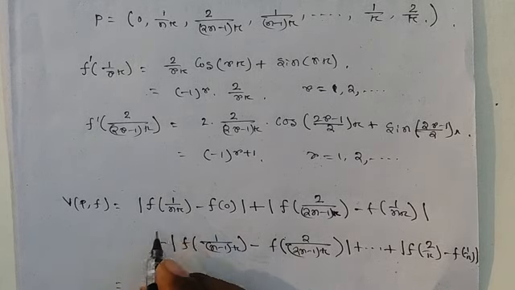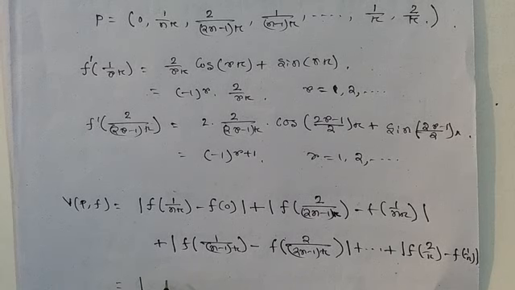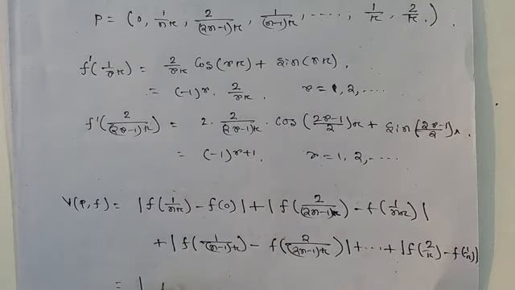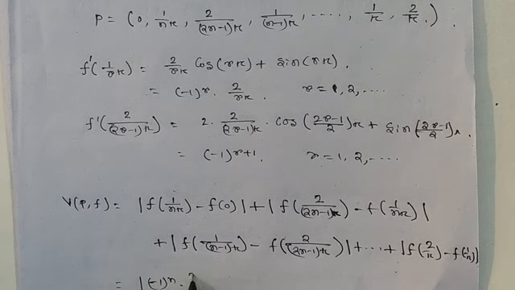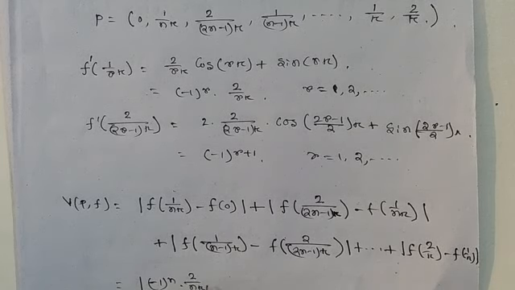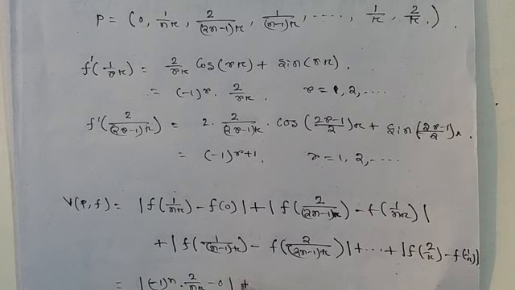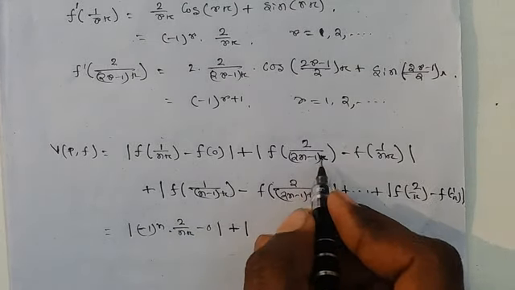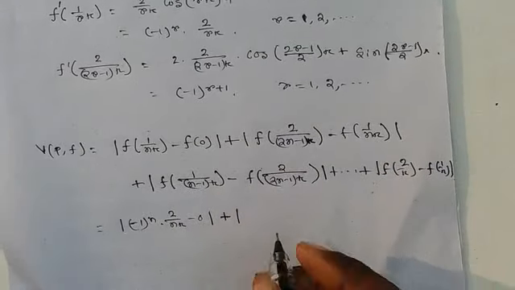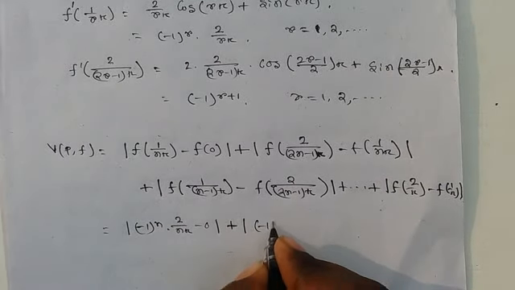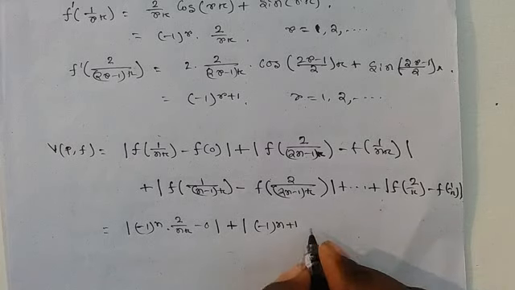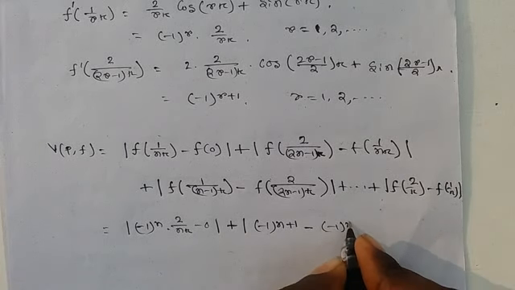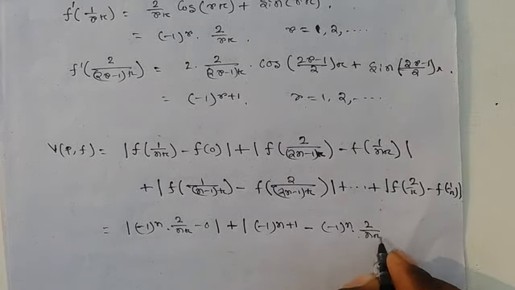So this becomes mod of minus 1 to the power n into 2 by n pi, and this is 0, plus this becomes minus 1 to the power n plus 1 minus minus 1 to the power n, 2 by n pi.